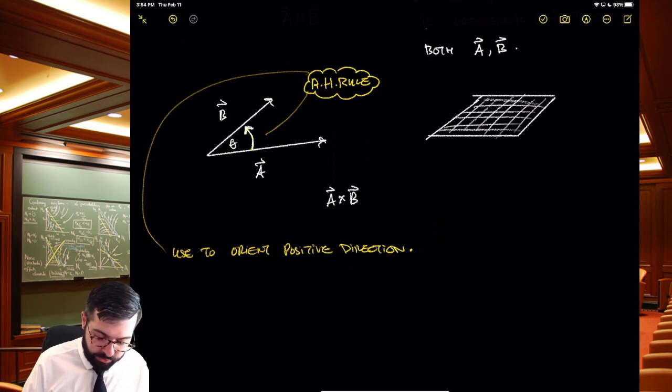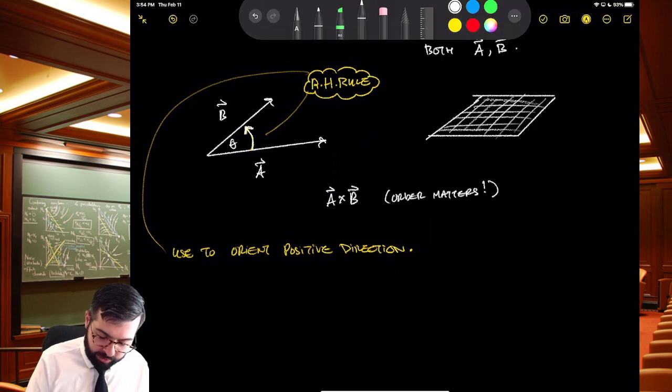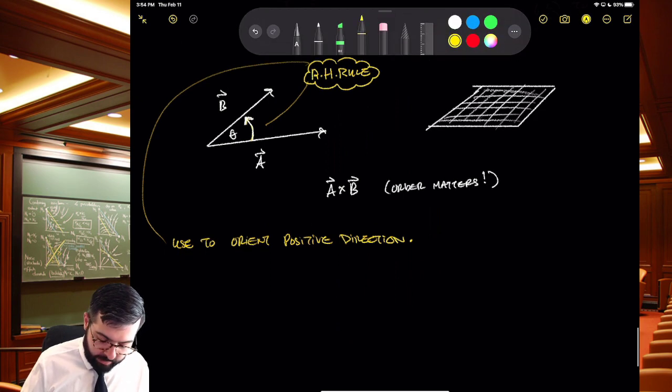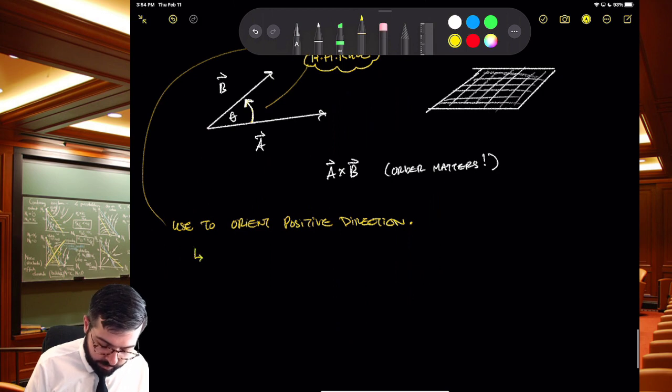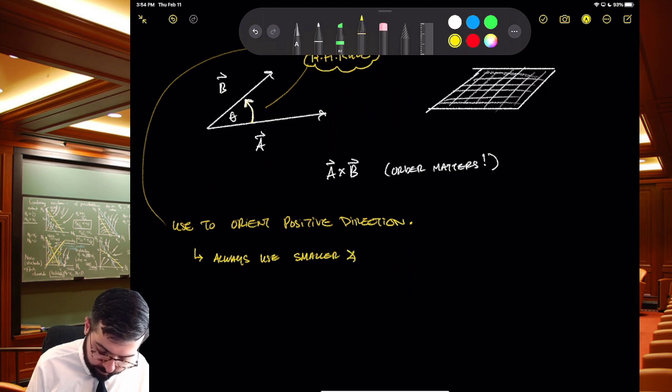One way, so I'll just say here, order matters. Order matters. Used to orient the positive direction, and always use a smaller angle between 2 vectors.